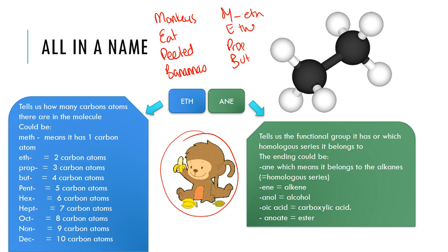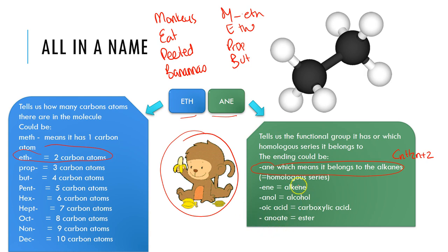So ethane here, eth and ANE, tells me that it has 2 carbon atoms and that it ends in ane, so it belongs to the alkanes homologous series, so it will have the formula CnH2n+2, which means it will have single bonds only. So I need to put it together. All those carbons that are given in my formula, I need to put together by single bonds on their own.